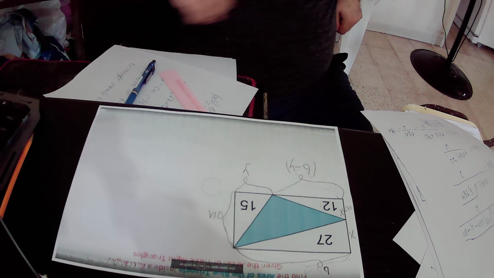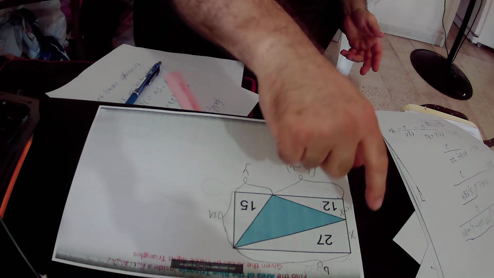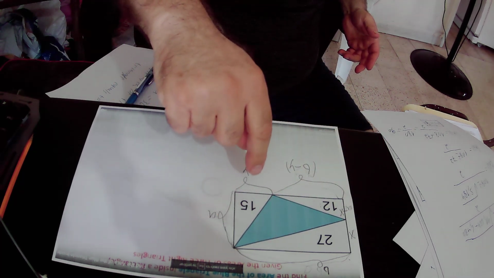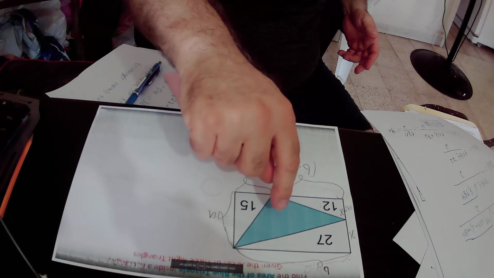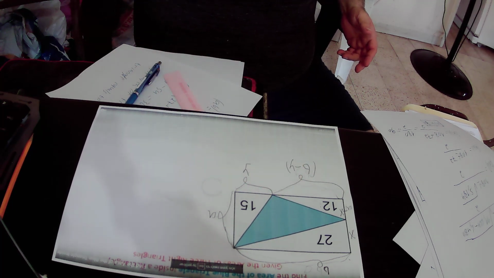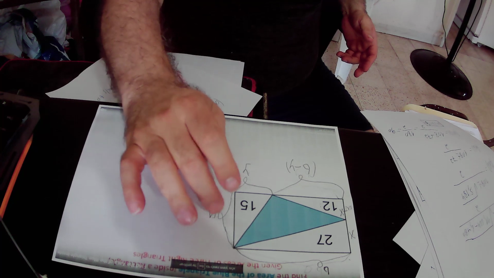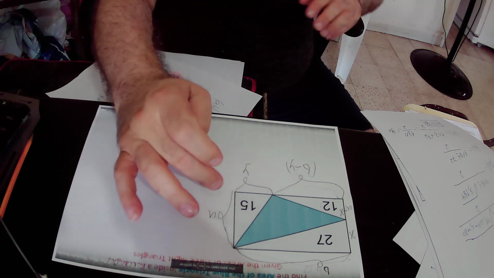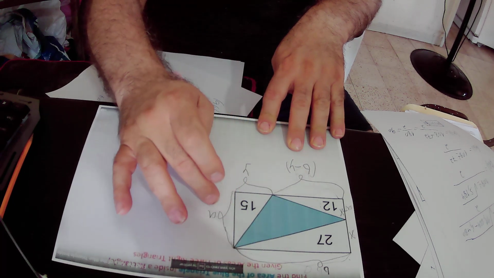So actually we said that the area of the rectangle minus the sum of the areas of the three right triangles equals the area of the blue triangle. Okay, and the area of the rectangle is its width times its length, that is A times B.